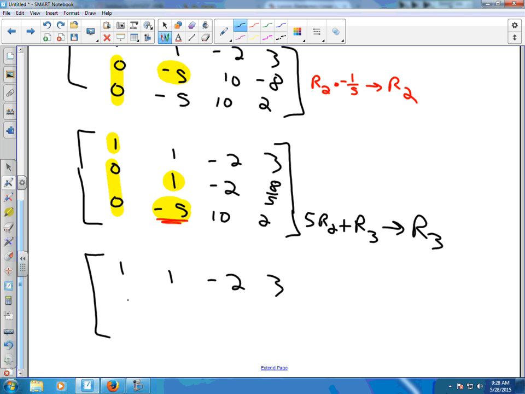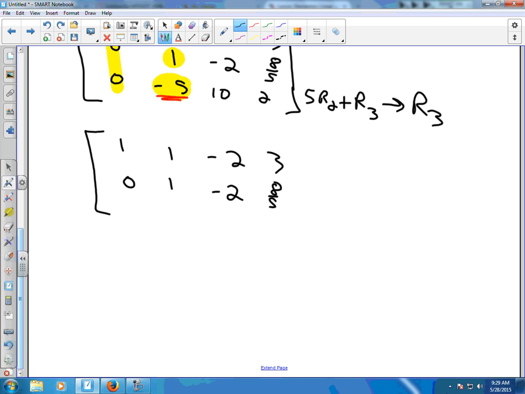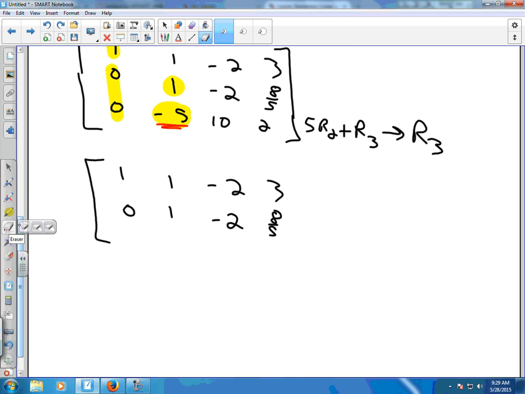Our second row, not doing anything to it. Our new third row will come from doing 5 times our row 2. So 5 times 0 is 0, plus 0.